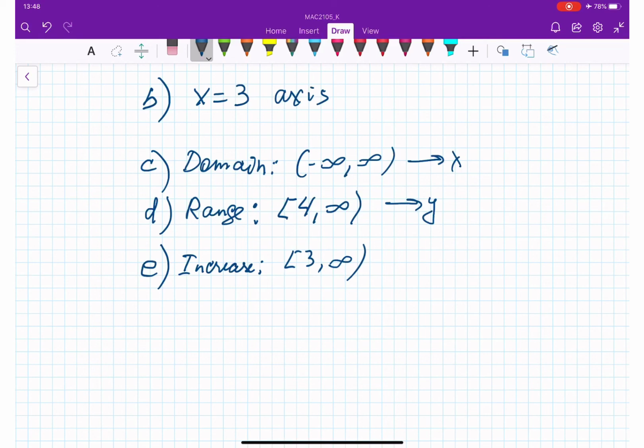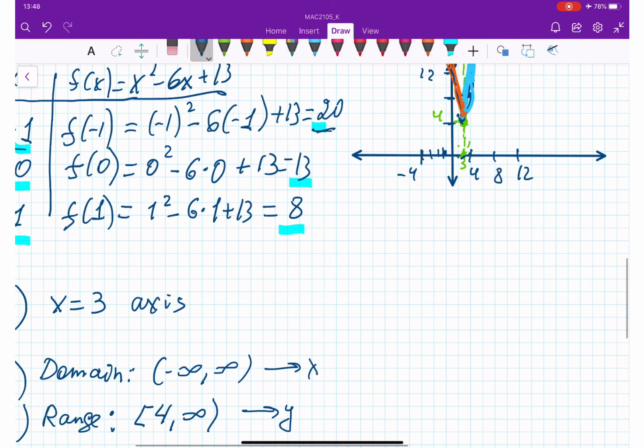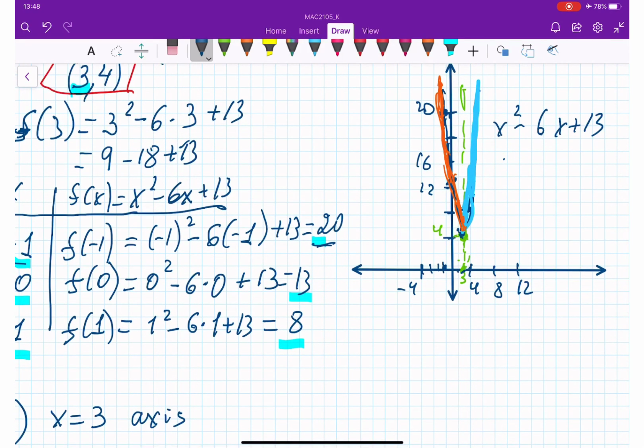Next, decrease. Decrease is going to go coming when it starts, this is starting from negative infinity for x, right?